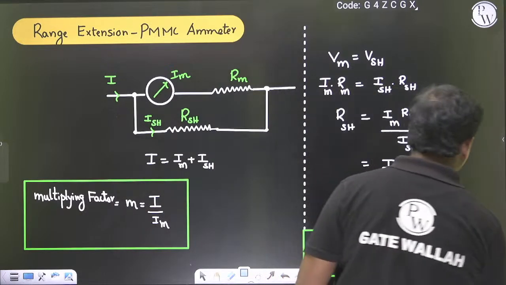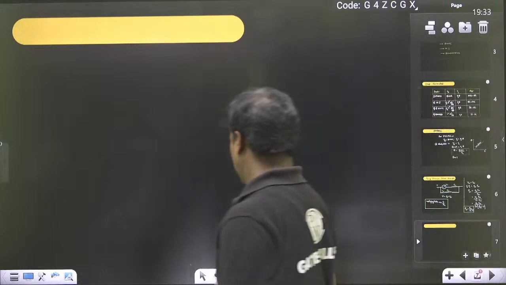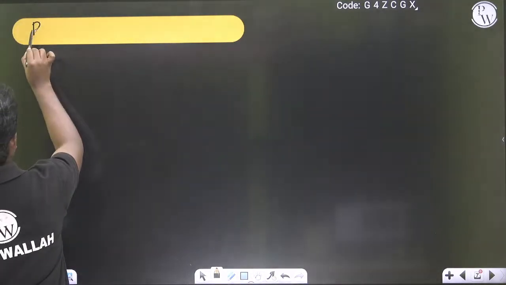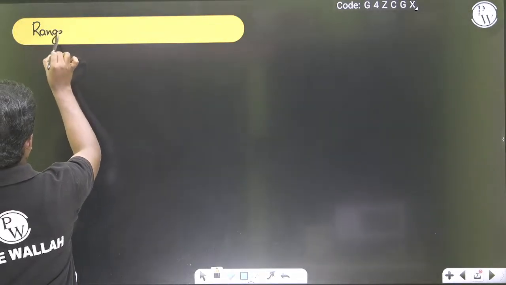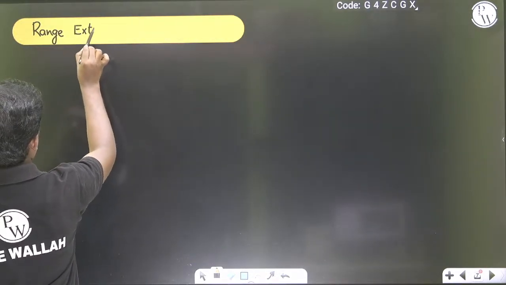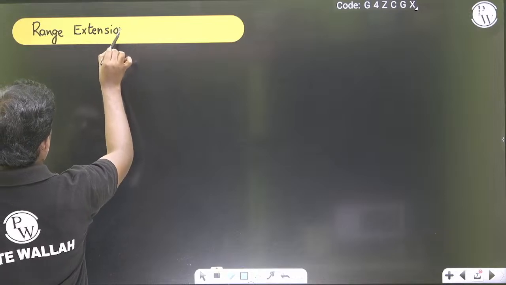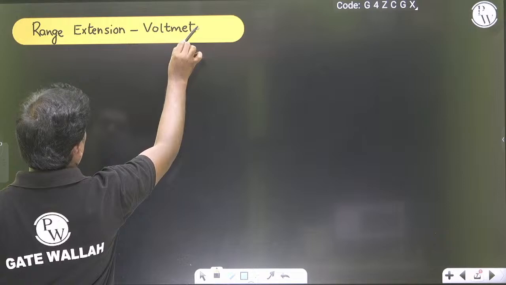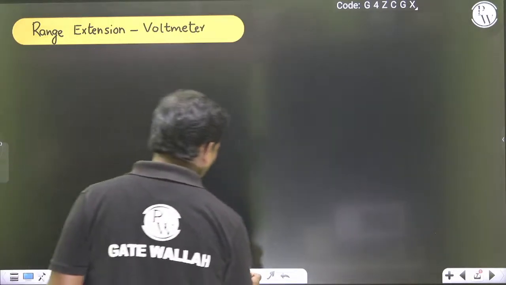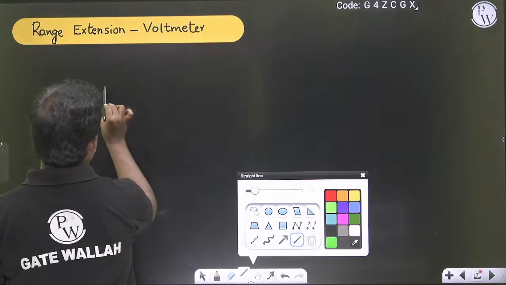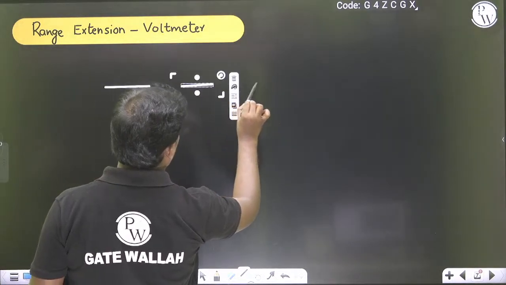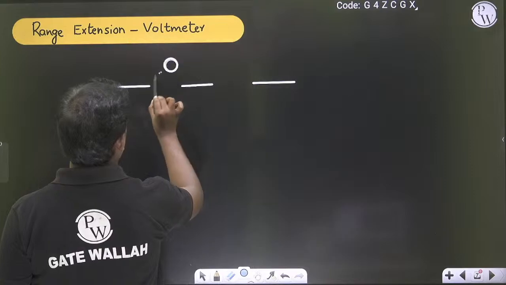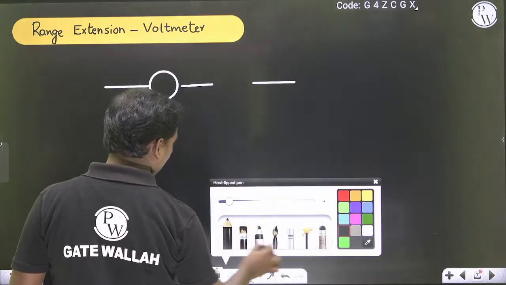Let us go for the range extension of the voltmeter. So what is the range extension for voltmeter? If you see, this is a basic diagram of voltmeter and resistance.